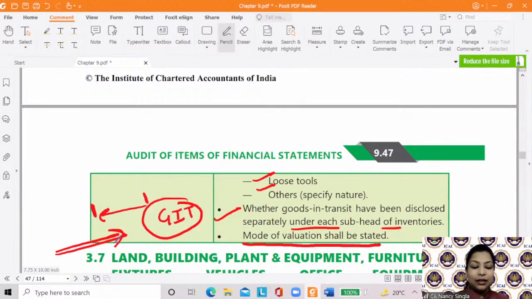Learning these topics is not going to be very tough. Why? Because I'm repeating it again and again. You have already done all these topics. It is just a recapitulation. In fact, you'll be able to revise your accounting portion and your law portion also. So hoping that you all will follow the techniques, let me just have a query for the last 2-3 minutes. Then we will end this session for today.